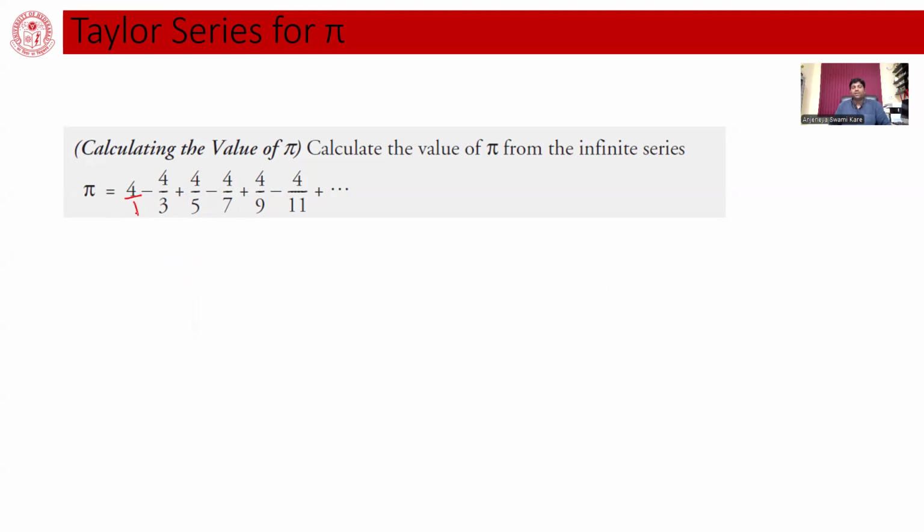The numerator is alternating 4, minus 4, plus 4, minus 4. The absolute value of the numerator is 4, and the denominator changes by two: 1 plus 2 is 3, 3 plus 2 is 5, 5 plus 2 is 7.